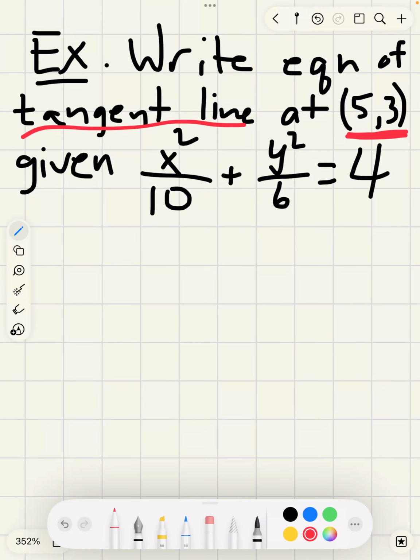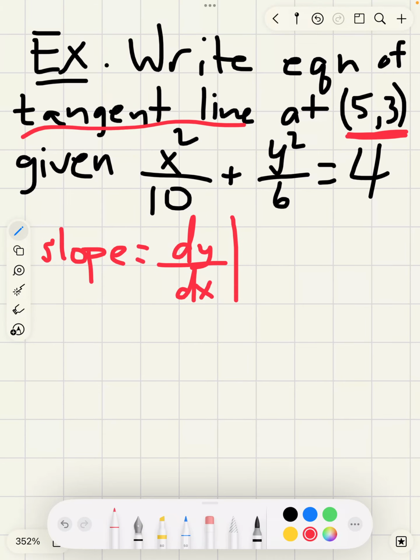So remember, your slope is going to be the derivative, dy dx, evaluated at the point that we were given. So I need to find dy dx, and then once I know dy dx in terms of x and y, then I can substitute the values of the point to find my slope.